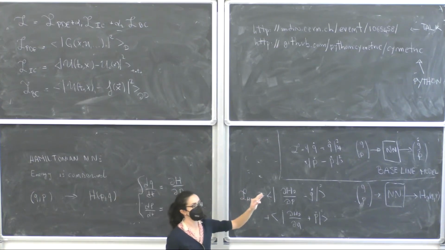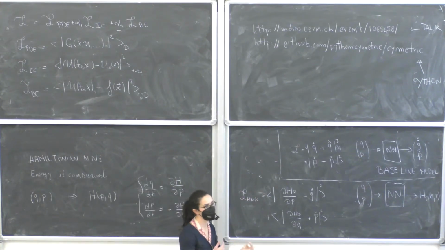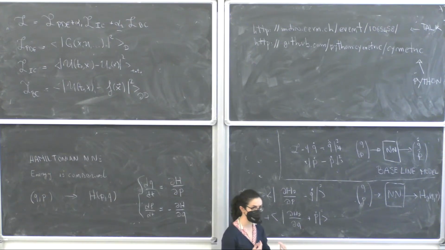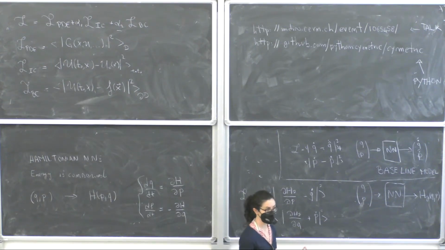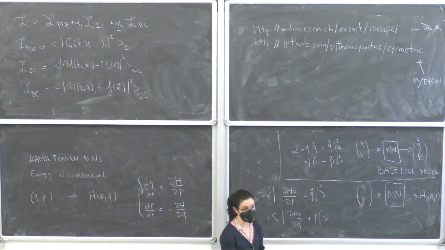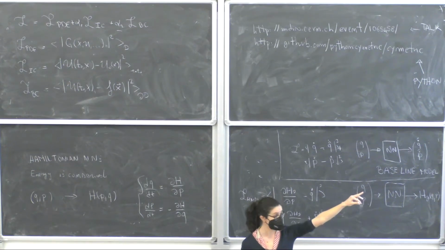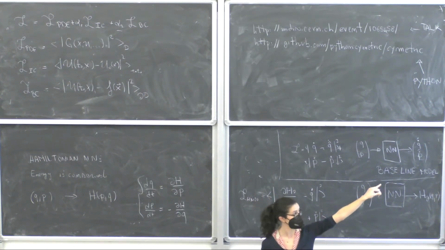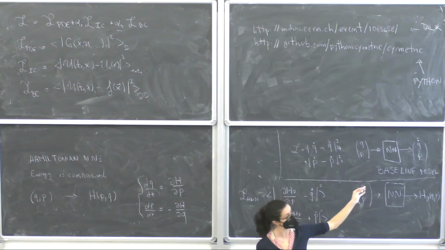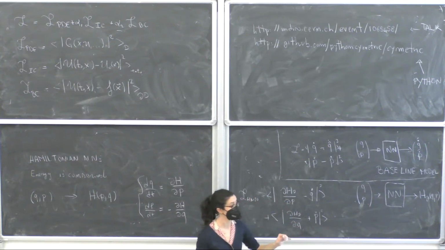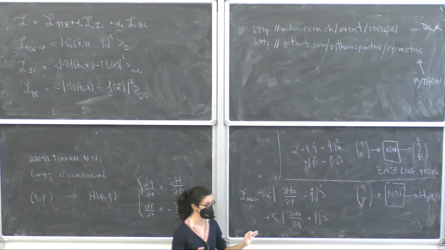You may have some intuition that the energy of the system is conserved, but you do not know the analytic form of your energy. So in this case, you do not need to know the analytic form of your Lagrangian, because you just want the network to approximate it. And in the previous case, you do not need to know the form of the Hamiltonian, because you're just approximating it by a scalar function.